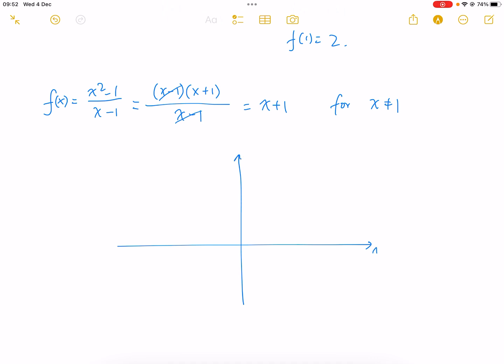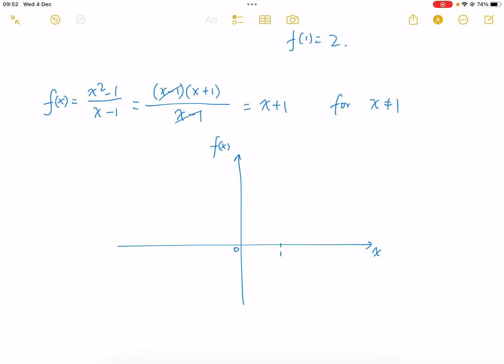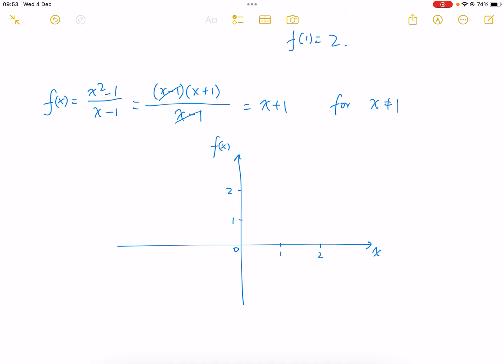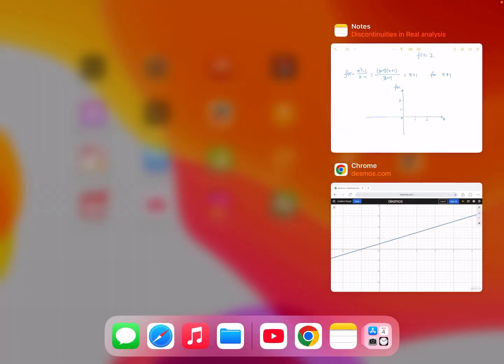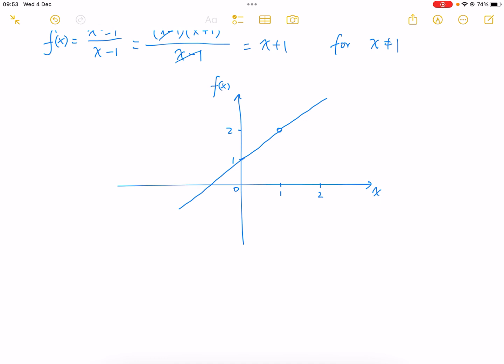Let's draw the function again here. So the limit of f of x as x approaches 1 is 2.